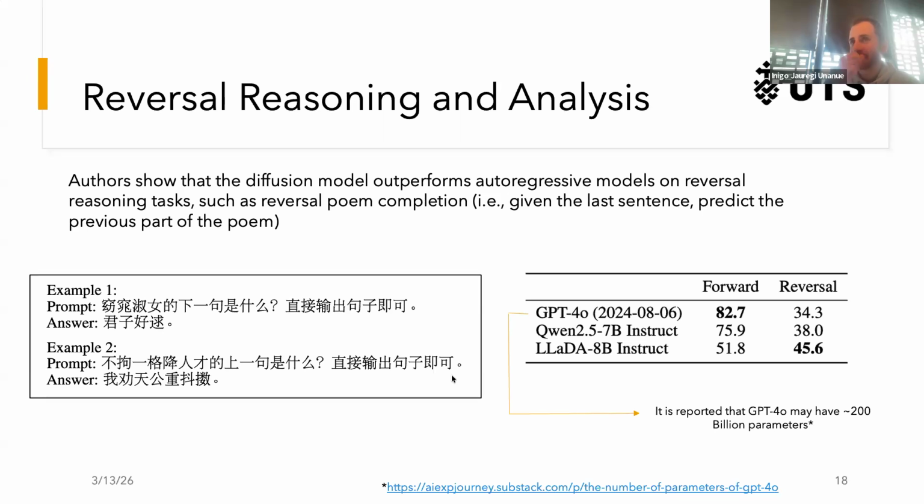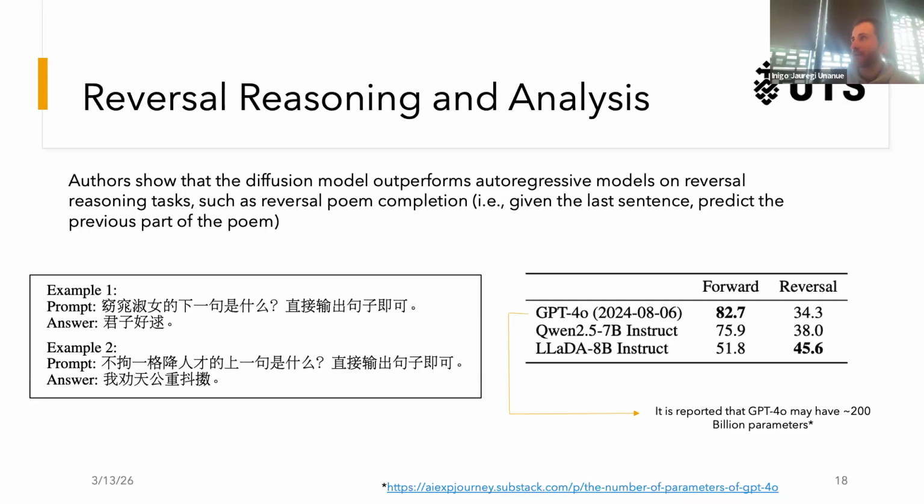This example means gentlemen love pretty ladies. So the prompt of example 1 means what is the next sentence of pretty ladies? The answer is gentlemen will like. That is a very famous poetry type. So you can generate the poetry by giving the first sentence completed, or you give the last sentence and predict what's before.